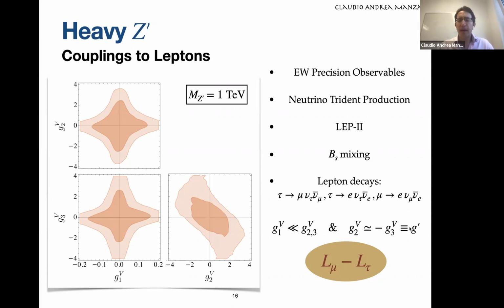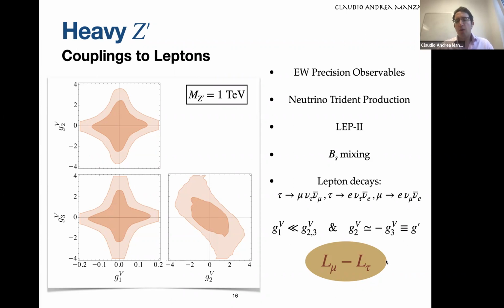And then we have only one parameter, g prime, such that the coupling to the second generation is g prime, and the one to the third lepton generation is minus g prime. So we are left with three parameters: the coupling g prime, the mass of the Z prime, and the mixing angle.